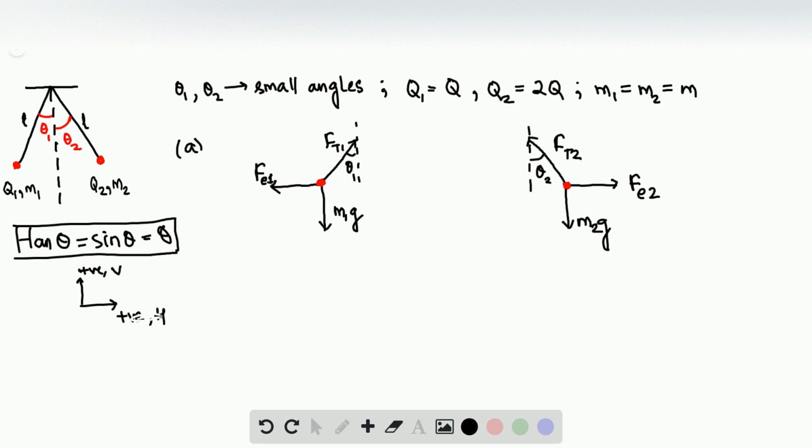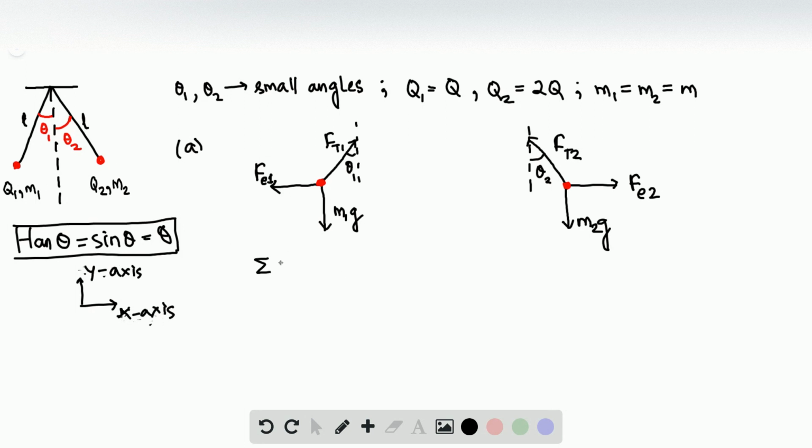Let's mark this in terms of coordinates. So this will be, say, the positive x-axis, and this will be our y-axis. Now again, since the masses are in equilibrium, the net force in each direction should be 0.